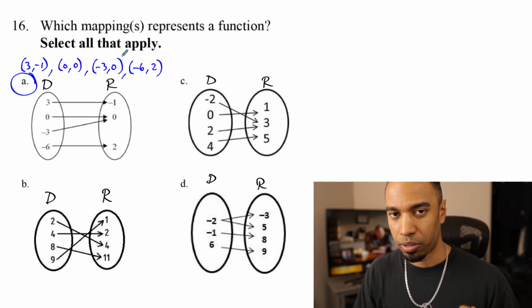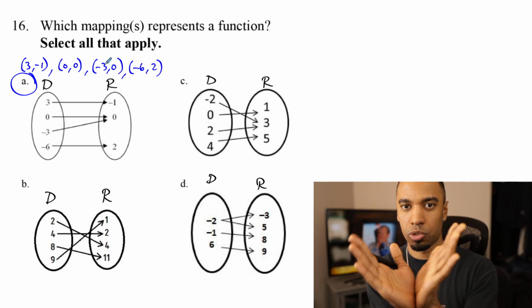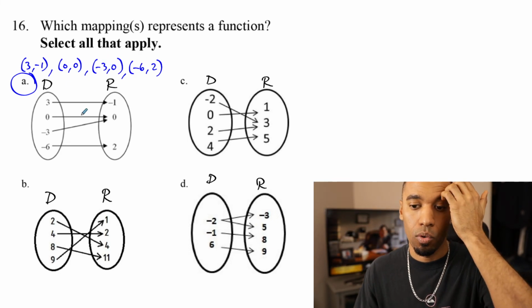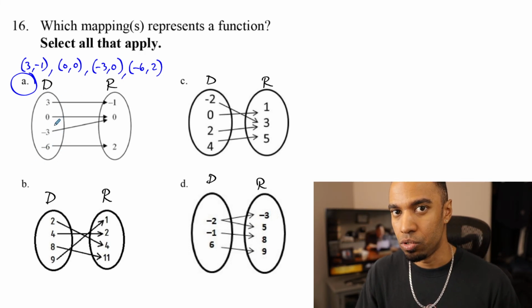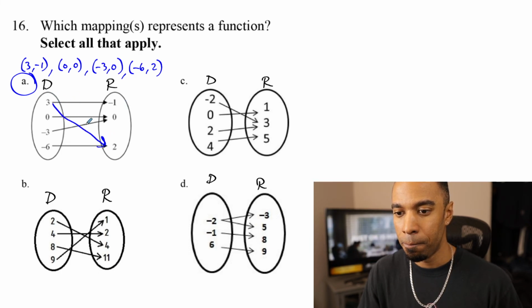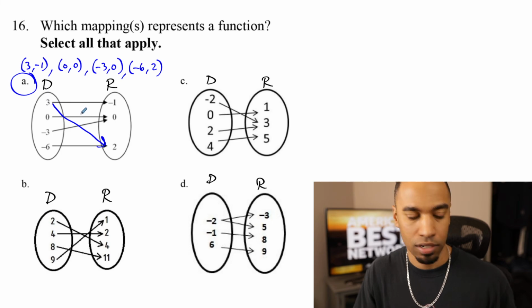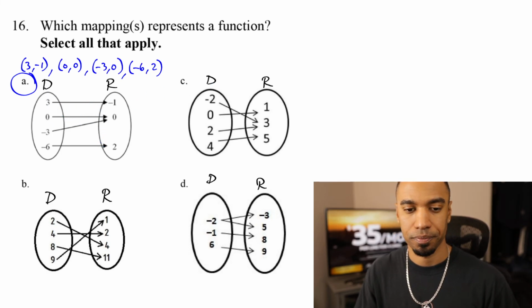What's not allowed is a duplicate of x in your coordinate pairs. And the way that you're going to see that is if there's a split arrow going from one single x value here. Just because it's written here once doesn't mean it can't be used more than once. If I saw a 3 split over here as well as there, that's a problem. That's not a function. So I'm going to look to see any arrow splits. That's really all I'm looking for at this point.